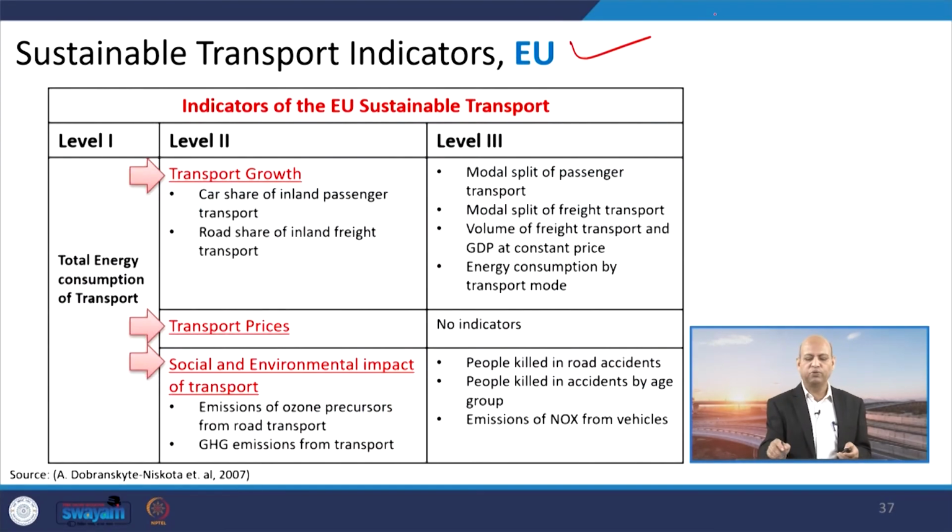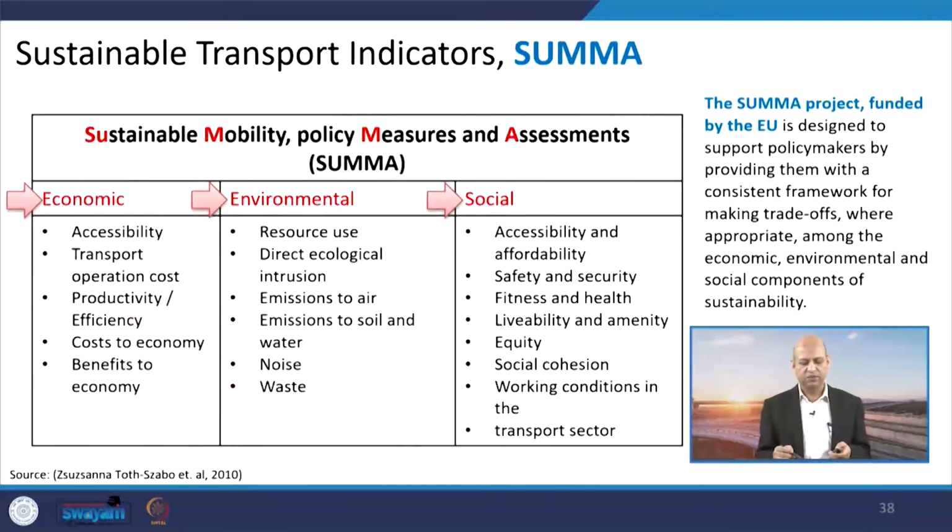And when we talk about EU, European Union, they have also given some sort of sustainable transport indicators. So, they are of different levels, level 1, level 2, level 3. So, you can see total energy consumption, then this is part of transport growth, transport prices, social and environmental impact of the transportation, all these are included in this particular.